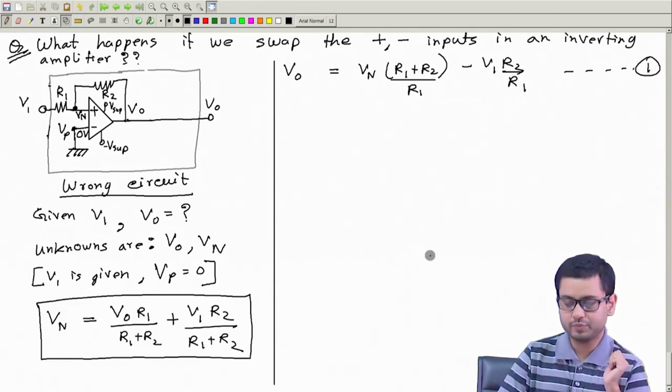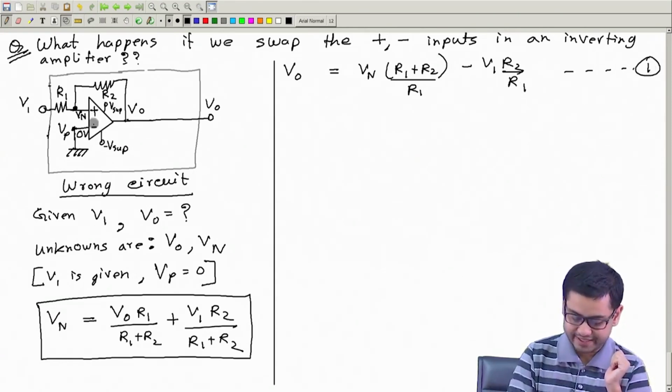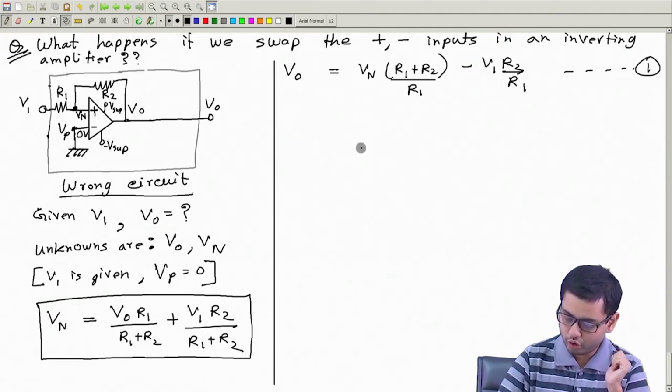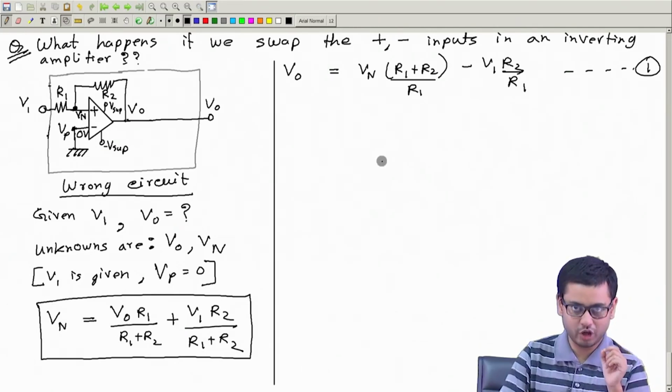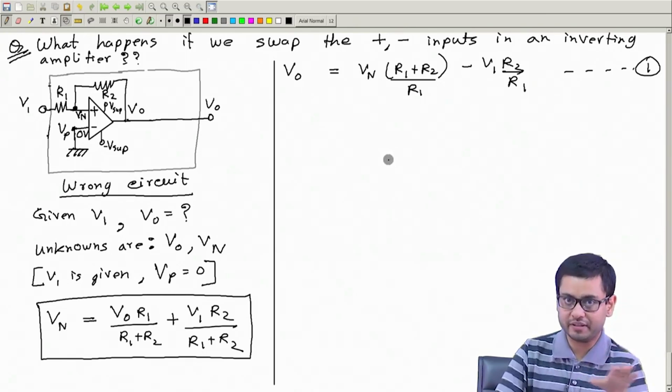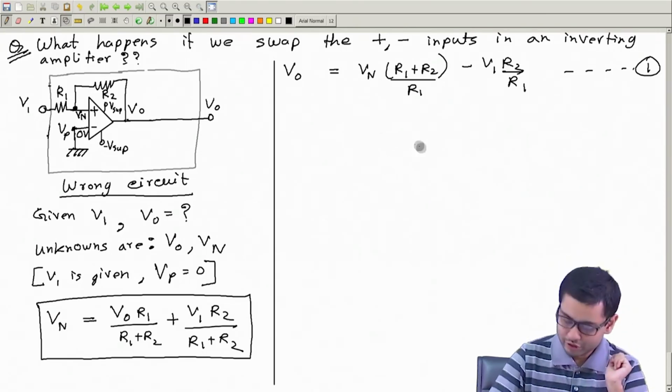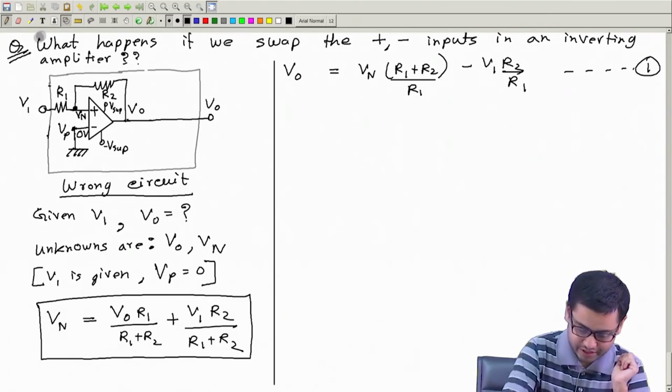The second relationship will of course come from the static characteristic of the op amp. I will do this a bit quickly because we have done this already twice, and we are now a bit more matured, so we can do it a little quicker.